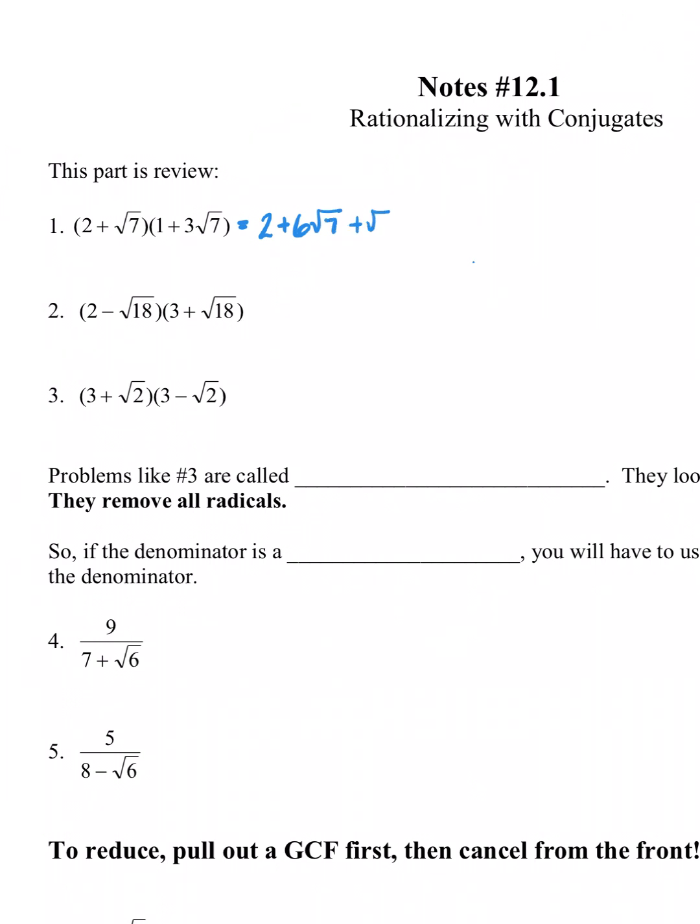Inners, I get 1 square root of 7. And last, I'll get 3, and then 7 times 7, right? That means the 7 is going to pop out. So as I clean this up, 2, putting these two together, plus 7 square roots of 7, and that's going to be 7 times that 3, so plus 21. So my final answer will be 23 plus 7 square roots of 7.